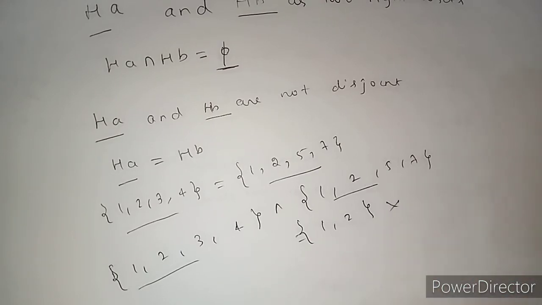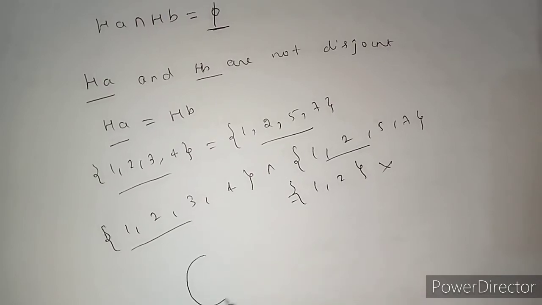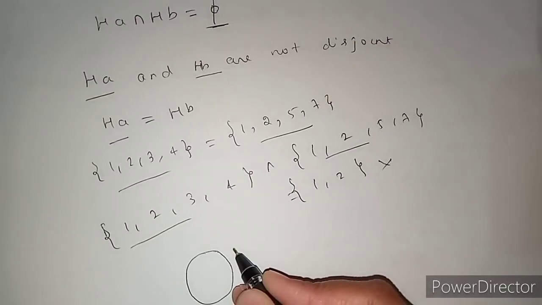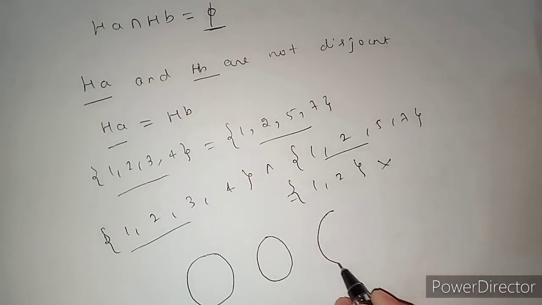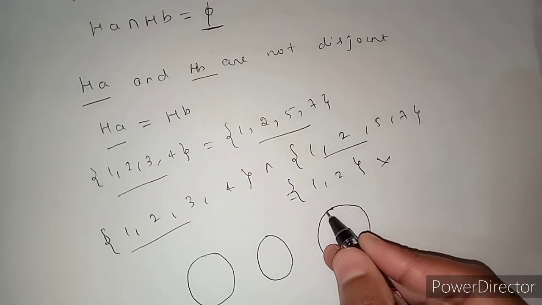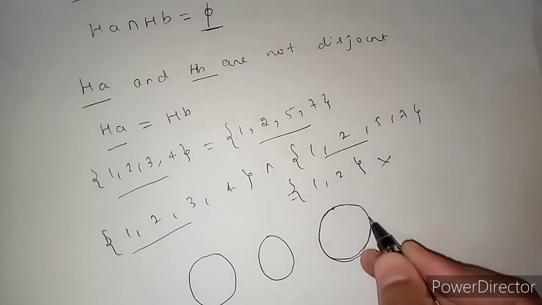But this is not possible in right cosets and left cosets. If suppose this is Ha and this is Hb, this entire Ha also intersects with entire Hb.